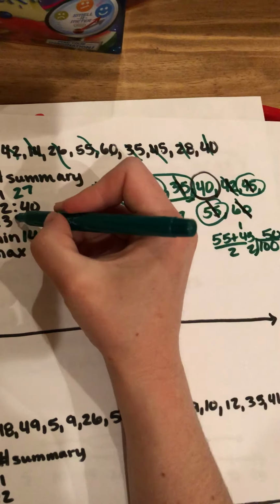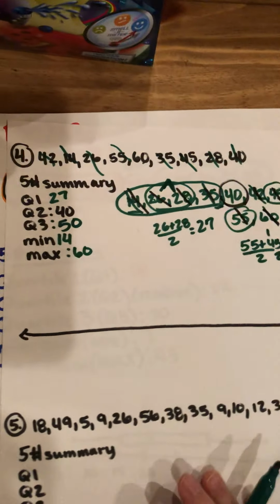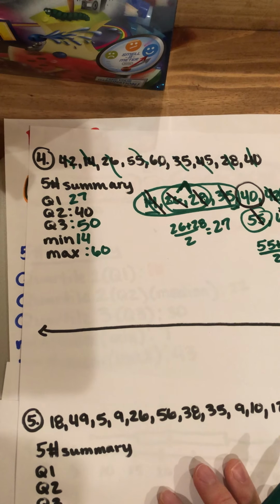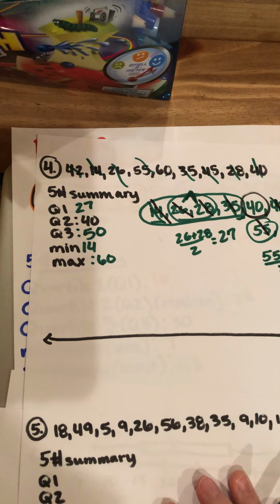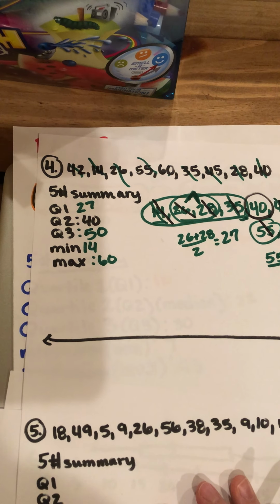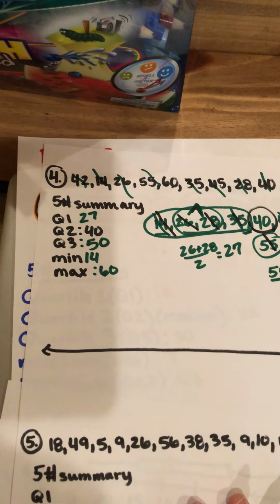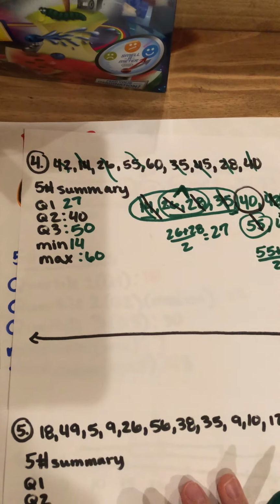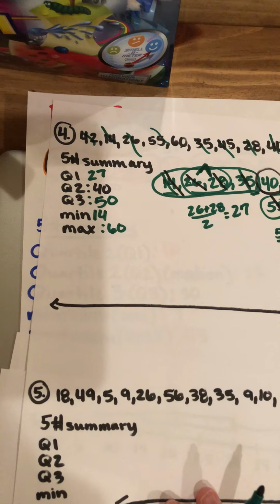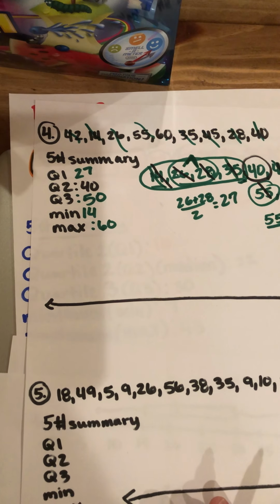So Q3 is 50. So my range is 14 to 60, which is about 46. So I'm going to have quite a big range from 15 to 60.